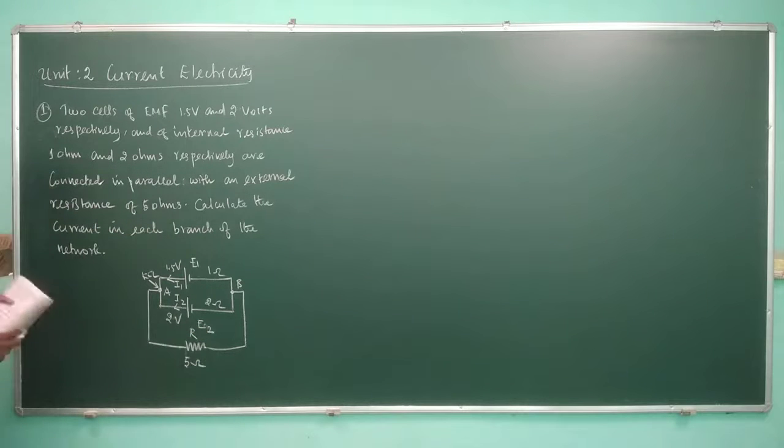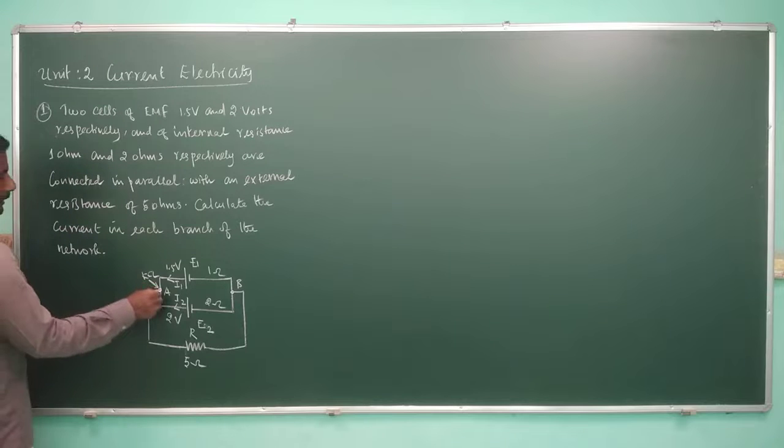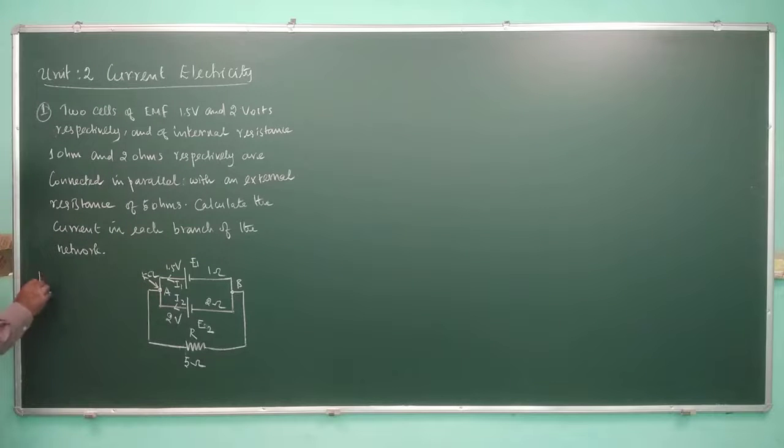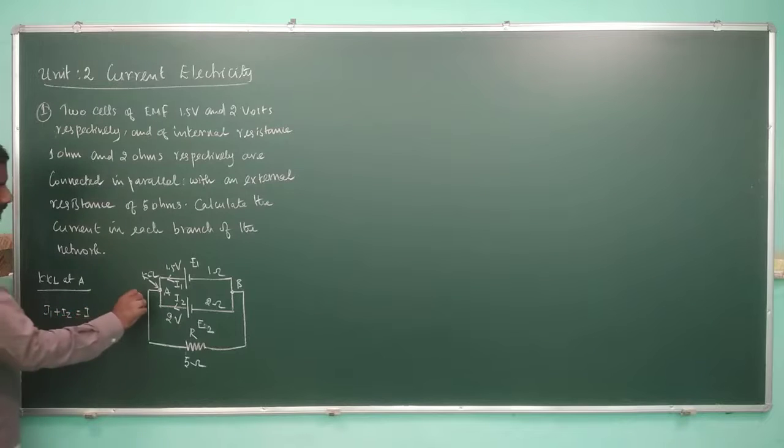Now applying Kirchhoff current law at node A, KCL at A gives that the algebraic sum of the currents at a particular point is equal to 0 in a circuit when the steady state current is flowing. In that case, I1 plus I2 is equal to I. So I is equal to I1 plus I2.